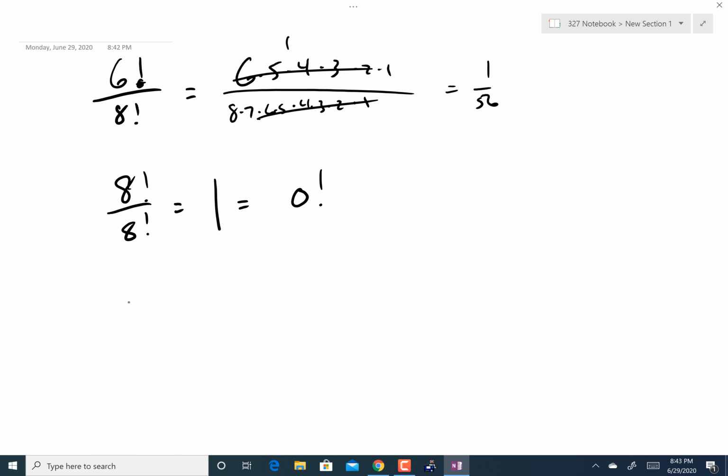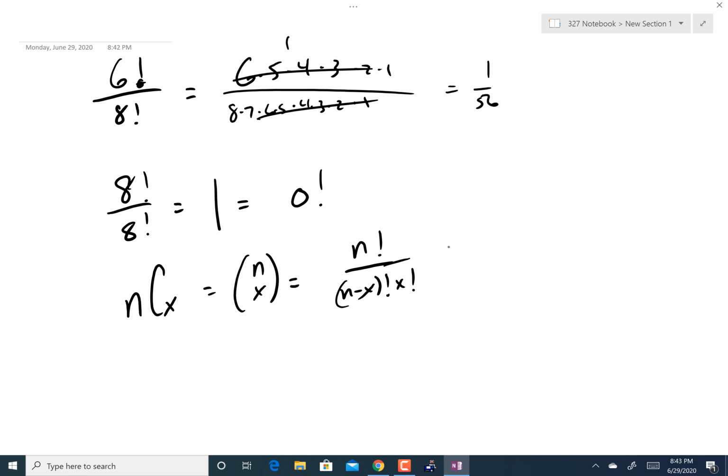Okay. So, later in this book, we already talked about combinations. So combinations of n choose x, or the way your book writes it is n over x, like so. Remember, that's n factorial over n minus x factorial times x factorial. Why does 0 equal this way? Well, think about it.